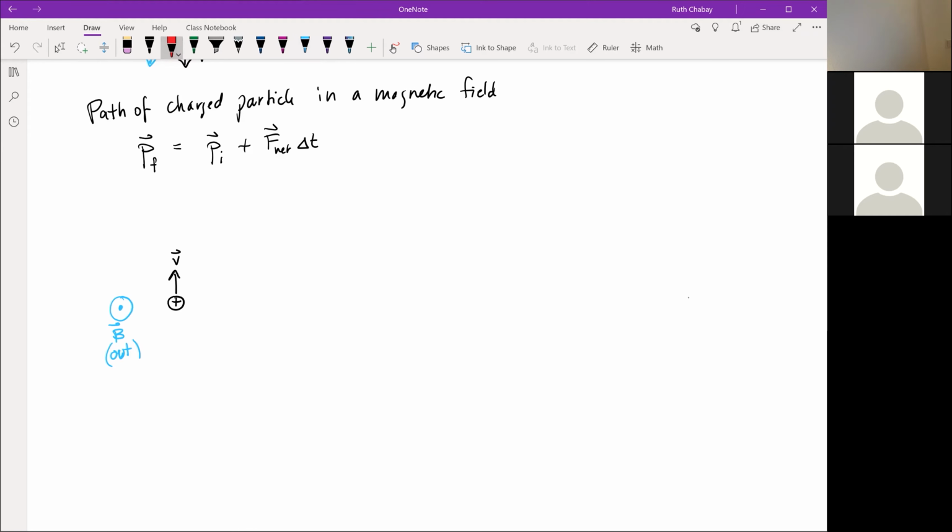At this instant, V cross B, the magnetic force, is going to be in the plus x direction.